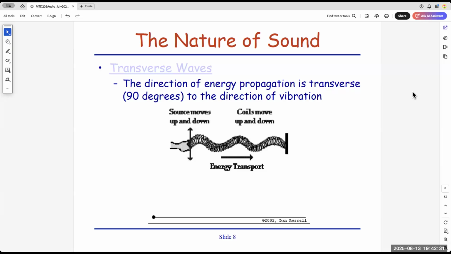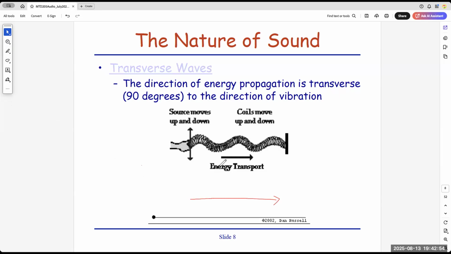The other wave that also exists in your day-to-day life is your transfer wave. This transfer wave is different because the direction of propagation, the energy, is still transferred from left to right.